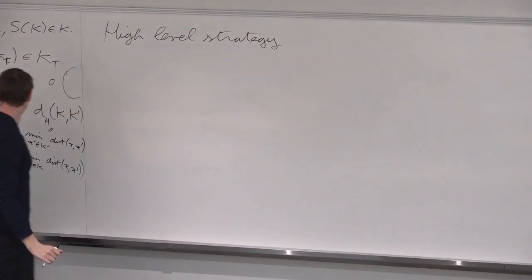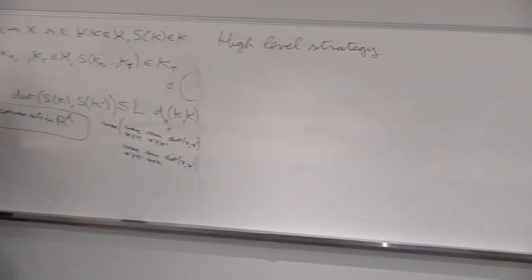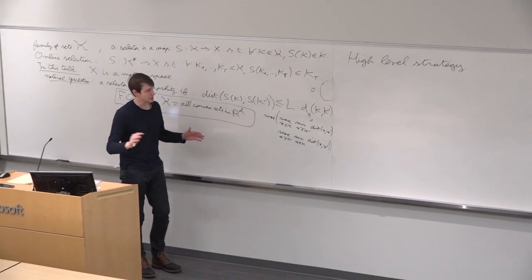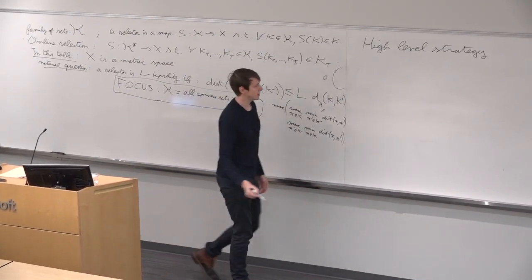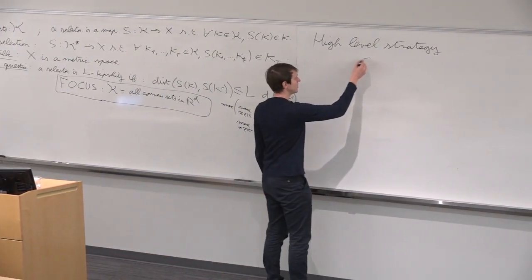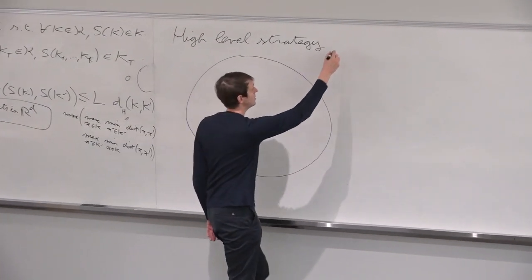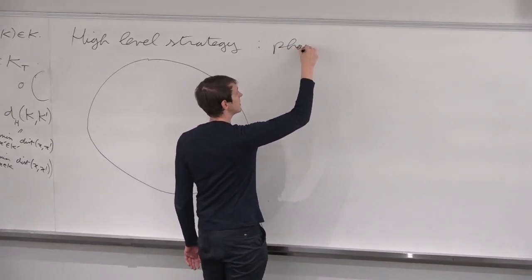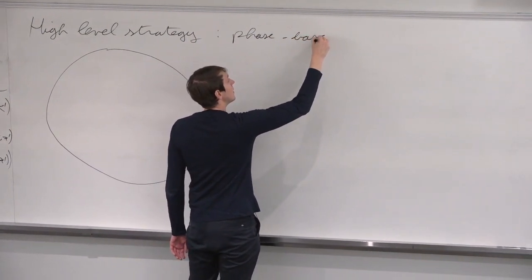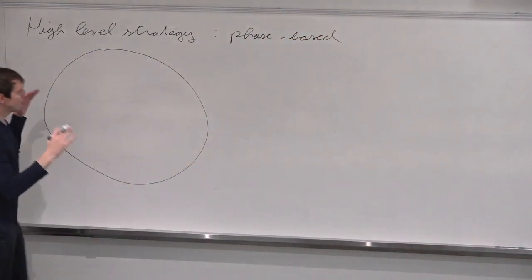As we pointed out, we're not making any boundedness assumption. The space could be huge, or things could happen in a very tiny space. So what we're going to do is have a phase-based strategy. During a phase, we're kind of localized.